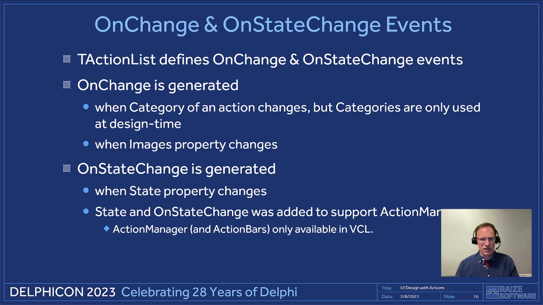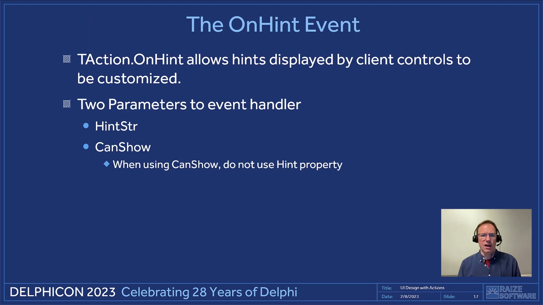The on state change is interesting when the state property changes. This was added back when the action manager was added for action manager action bars, but it's only available in the VCL, and that functionality is not used very often. So you tend to avoid these two events, but if you were curious what they do, there's a quick definition for you.